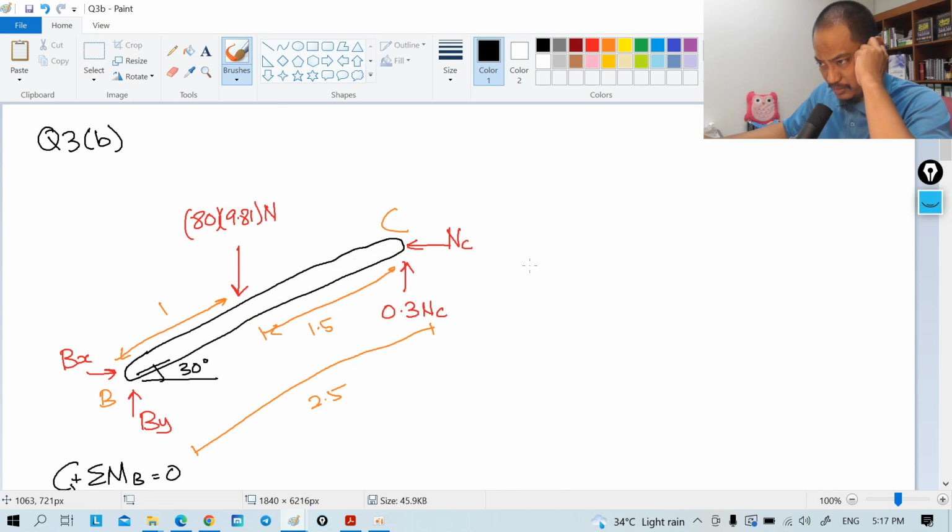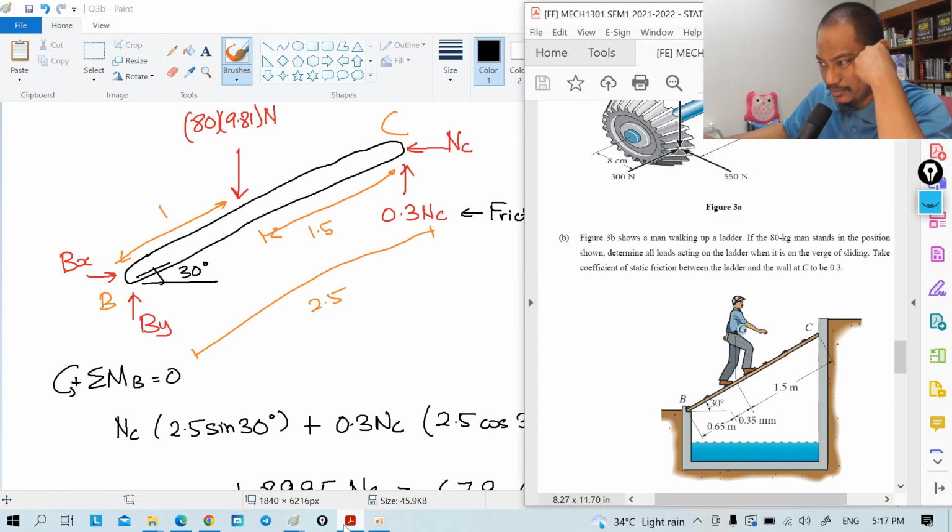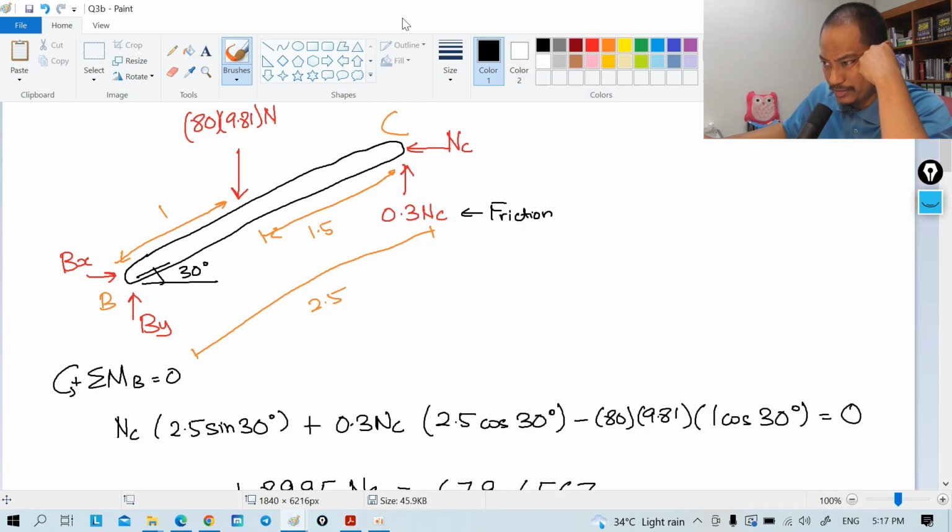Of course, because we need to calculate the friction as well, right? Because the question says determine all loads, so friction is a load as well.